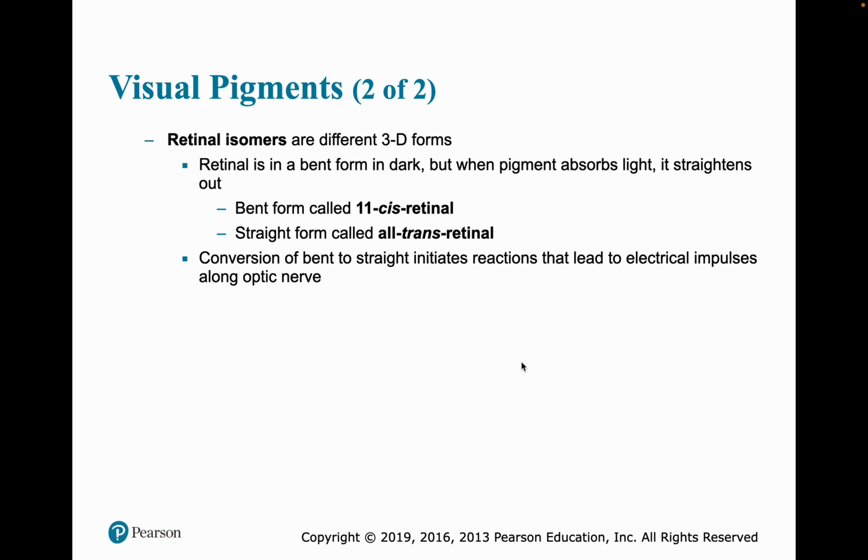The bent form is called cis, so it's 11-cis retinol, whereas the straight form is called all-trans retinol. So conversion of bent to straight is going to initiate the reaction that leads to the electrical impulses along the optic nerve.